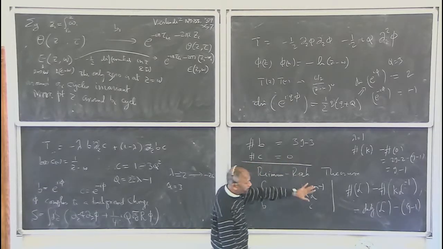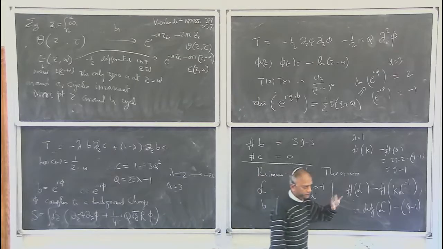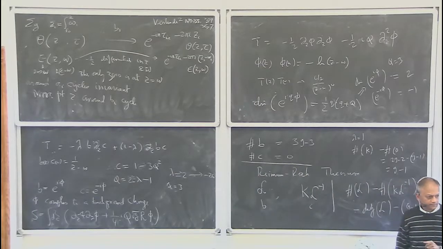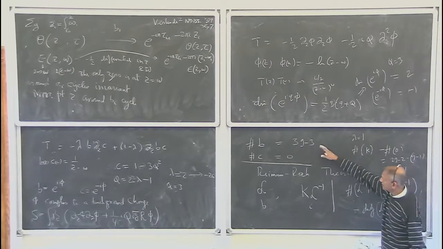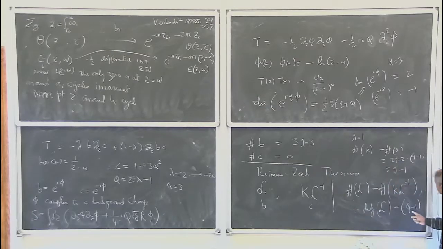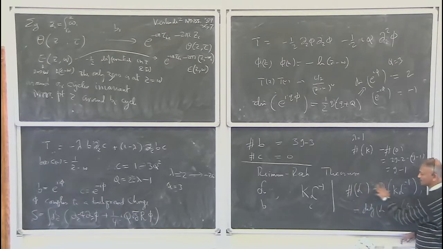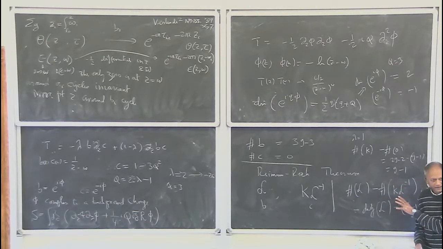No, this formula is generally true for G. But you see, this does not give you separately the zero modes of this and that. It only gives you the difference. So you need some additional information to fix each of the zero modes.